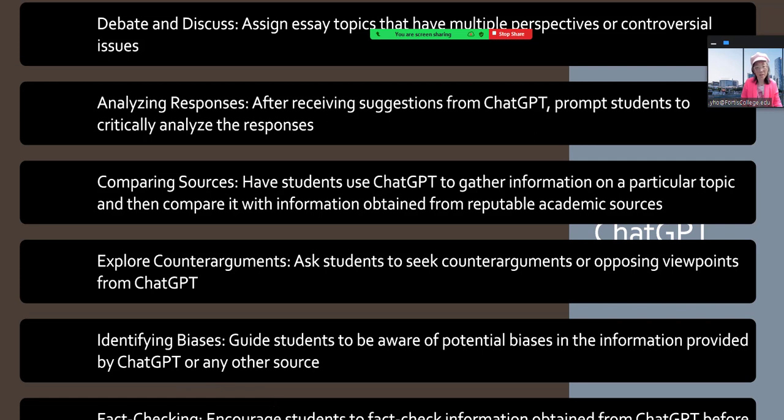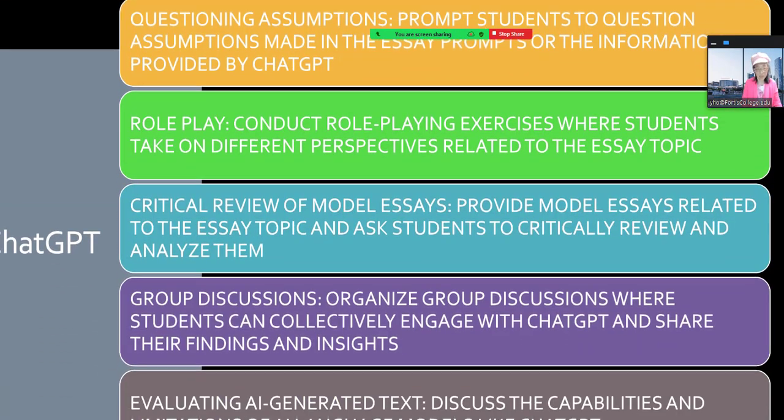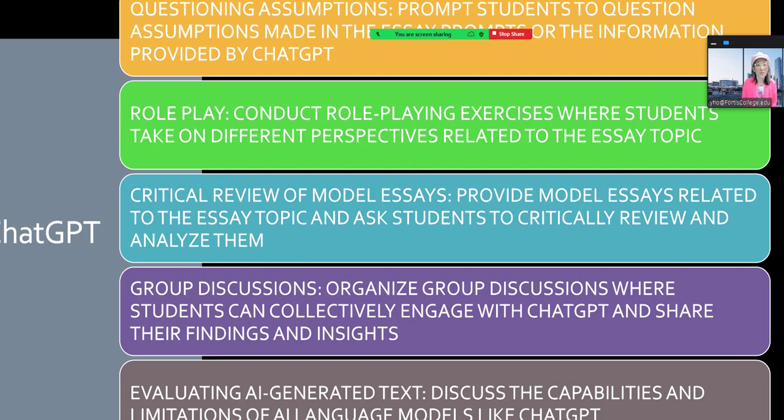Encourage students to fact-check information obtained from ChatGPT before incorporating it into their essays. Prompt students to question assumptions made in the information provided by ChatGPT. In other words, ChatGPT is based on the biases that exist already on the web.